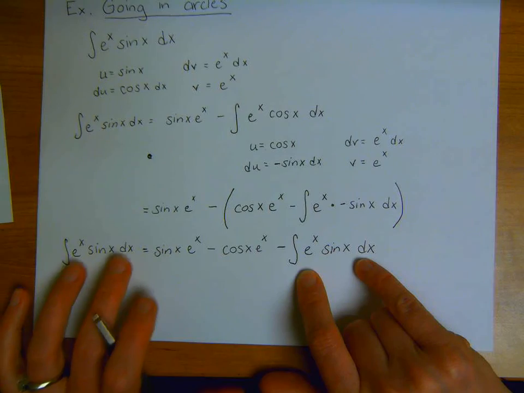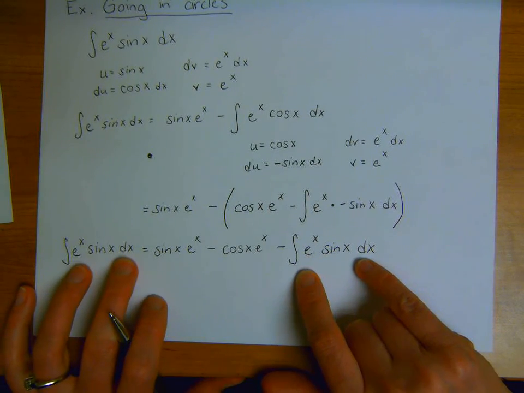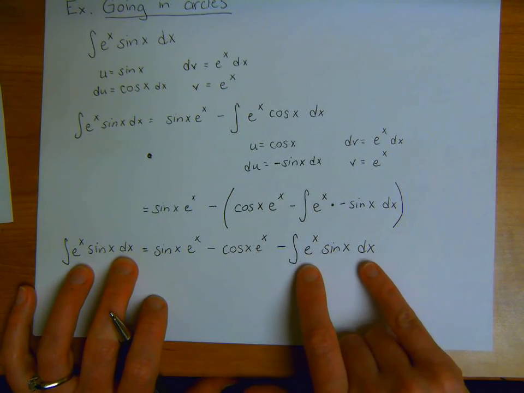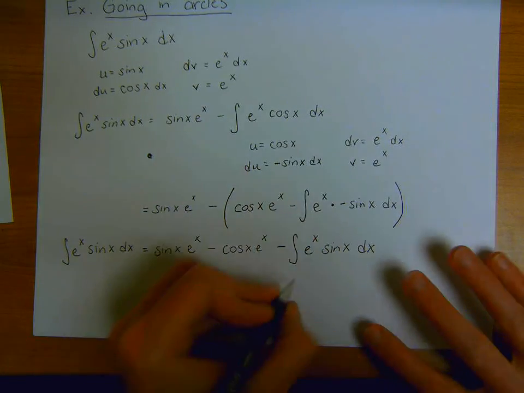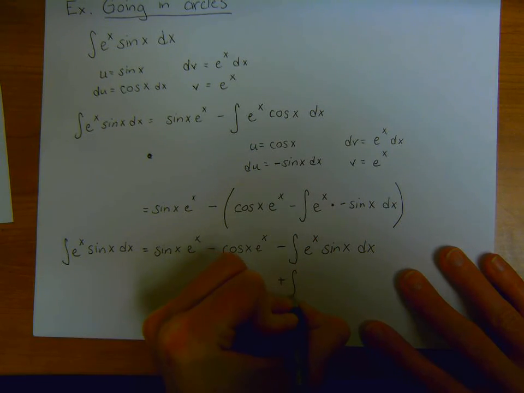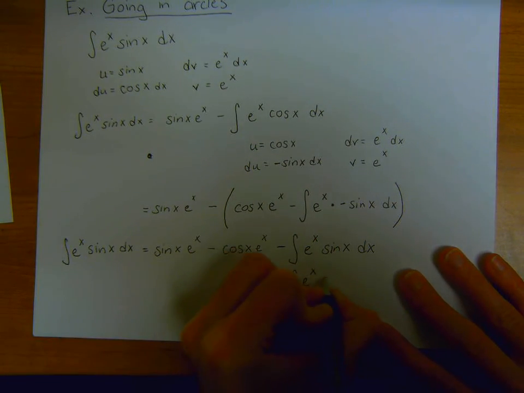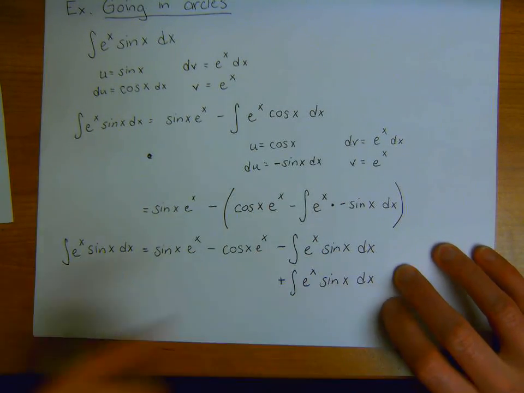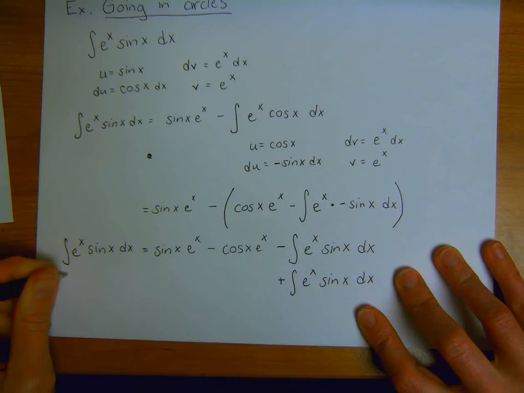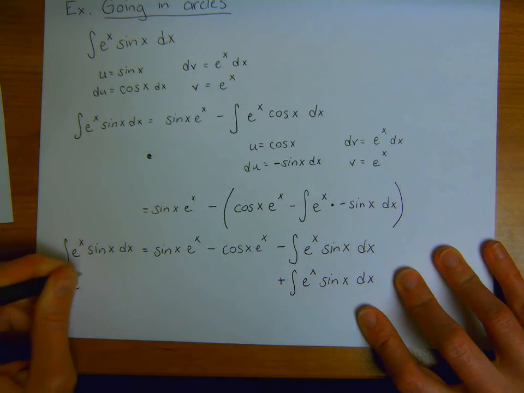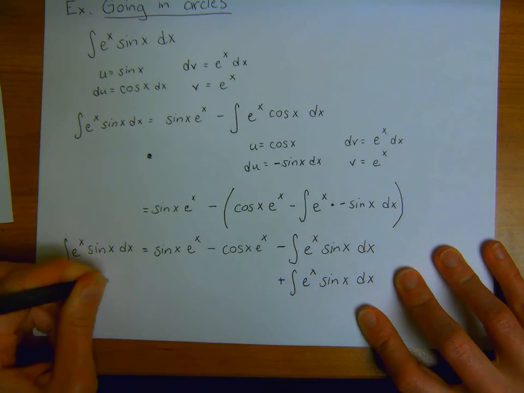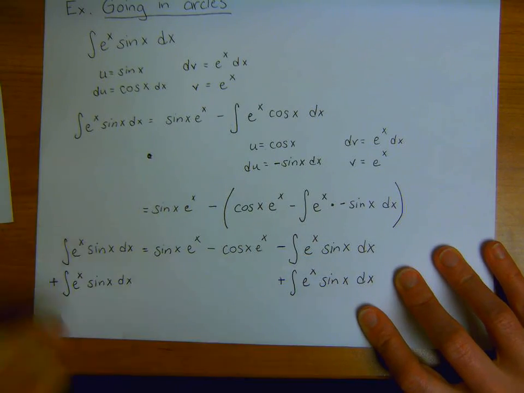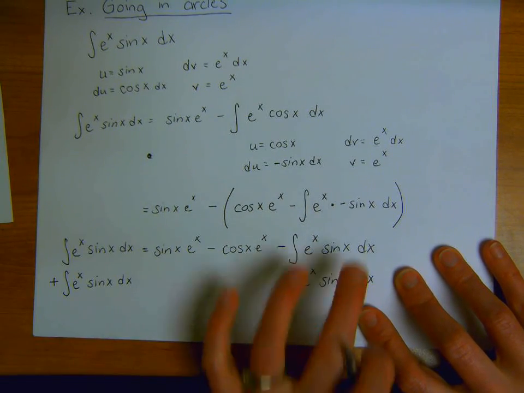Notice that because the original integral is exactly equal to this expression, I can add this integral to both sides of the equals sign. This is algebra, like adding positive a to both sides of an equation when solving. I add to this side and I add to this side.